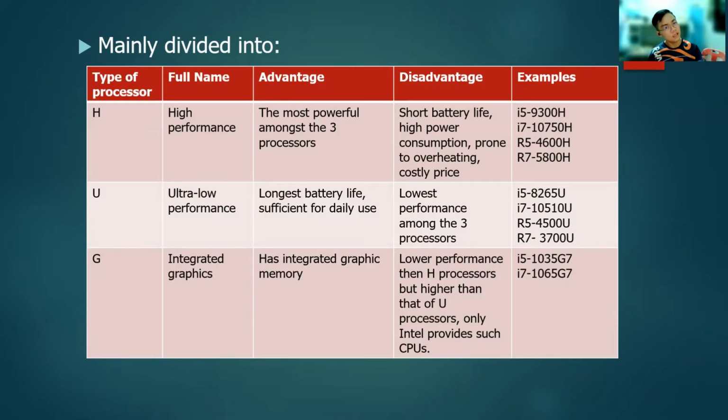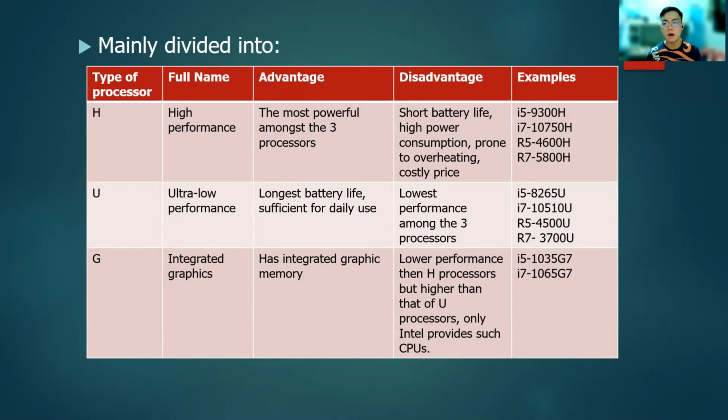But there are also disadvantages, because it has a much shorter battery life due to its high performance. That's the trade-off. It has very high power consumption and is very prone to overheating, because when you need a lot of power, the power is transferred into heat energy. It's like science, from electric energy to heat energy.